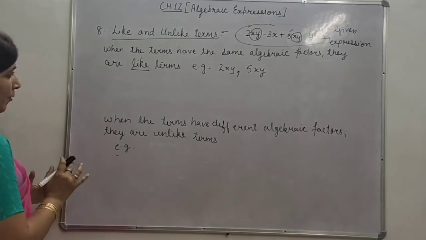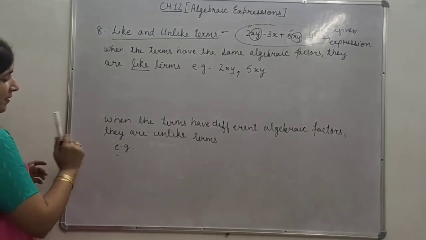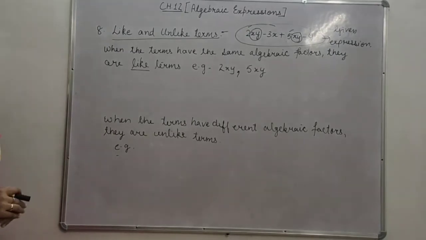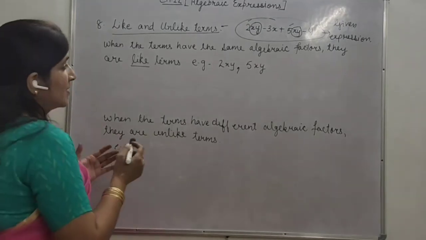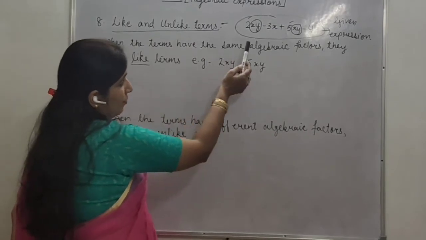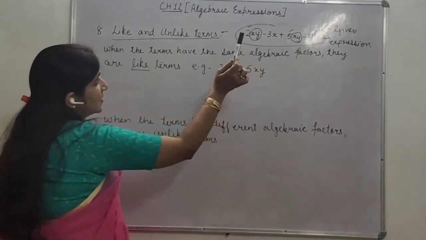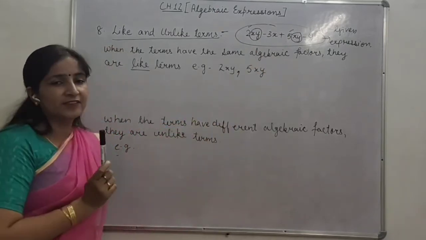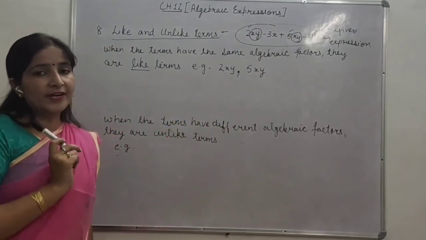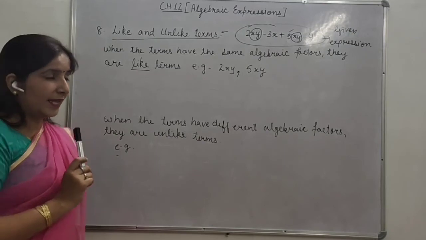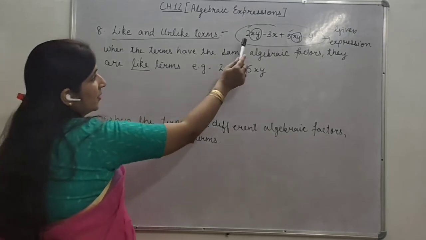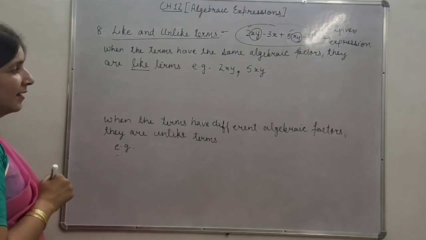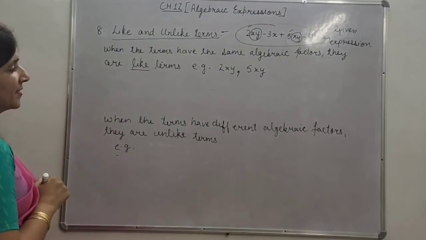Now, after this, we need to know about the unlike terms. It is just the opposite of the like term. As we have just come to know, if they have the same algebraic factor, that is like. But if they don't have the same, meaning they have different algebraic factors, then those terms are known as unlike terms. So what can be an example of unlike terms here?